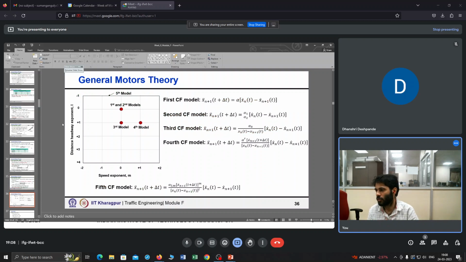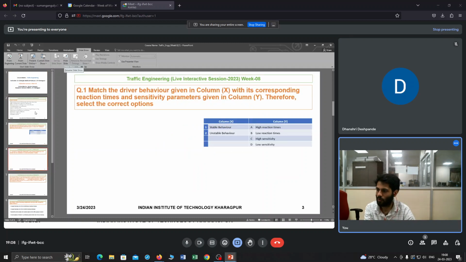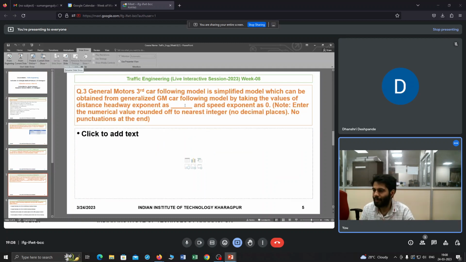See, your distance headway component is L, your speed component is M, right? So M and L. Now in case of the third generation model, your M will be 0 and your L will be 1. So here your M is what? Okay, there is a confusion. Your M is what?